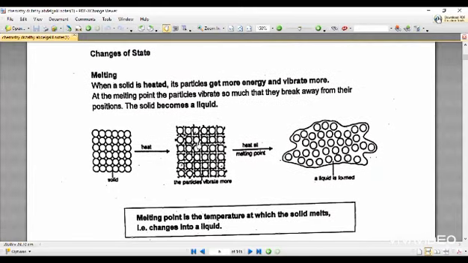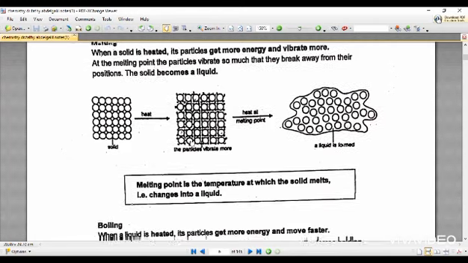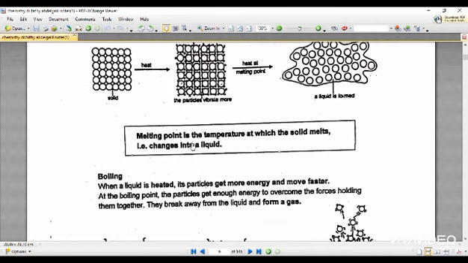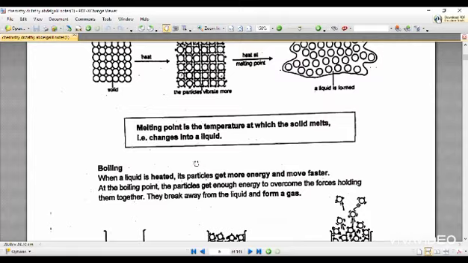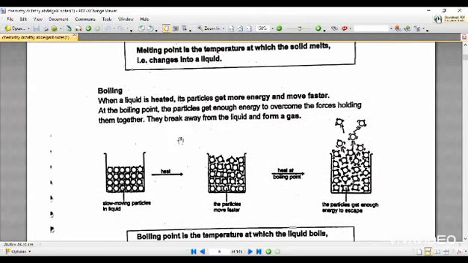The point at which the forces are broken and the state changes from solid to liquid is named the melting point. And here we can go to boiling. It's the same idea. When the liquid is heated, the particles get more energy. We cannot say vibrate faster here, we say move faster, because in the liquid they were already moving around.